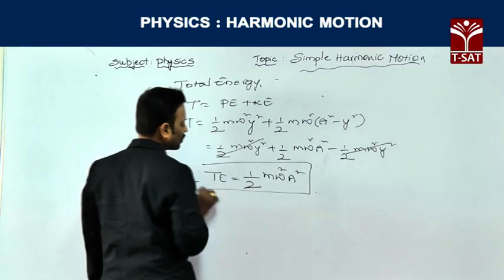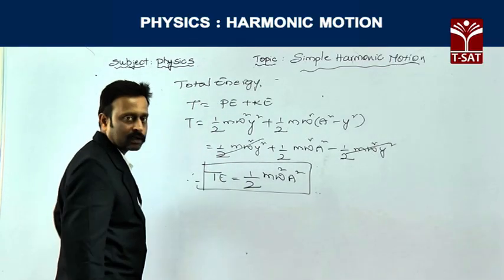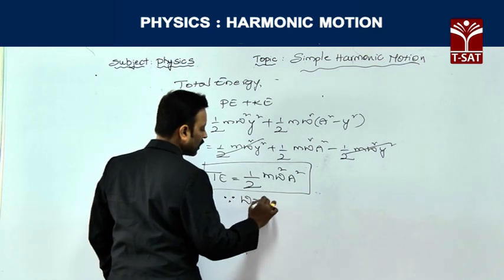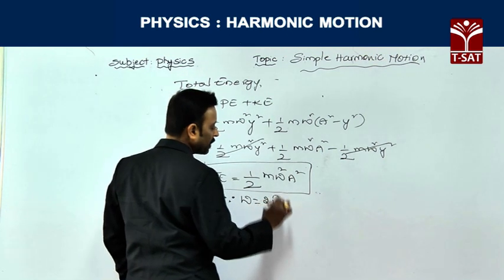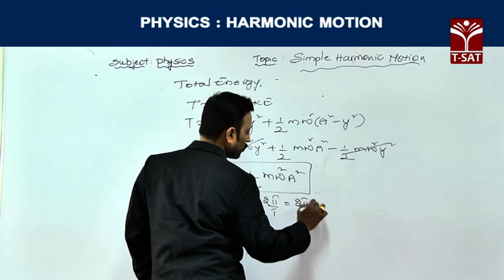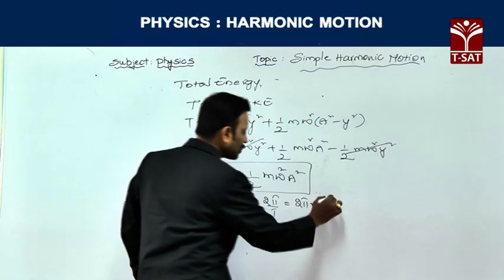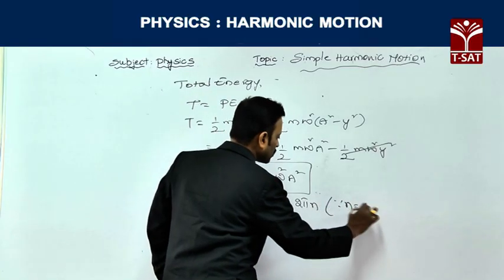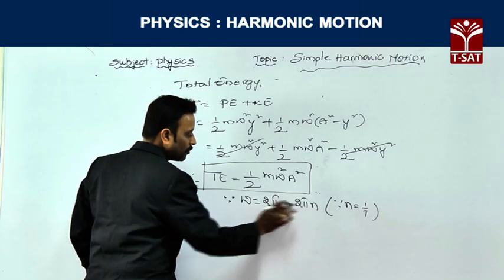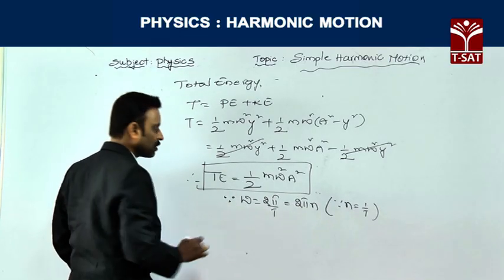This is one of the relations to calculate total energy, and moreover, since omega is equal to 2 pi by T or 2 pi into n, because frequency is the reciprocal of time period, substitute the value of omega as 2 pi n in this equation.